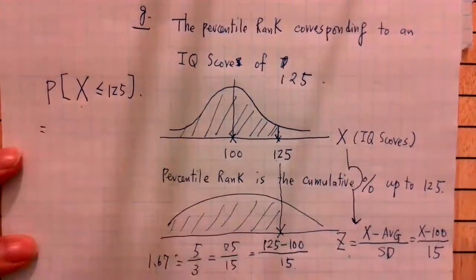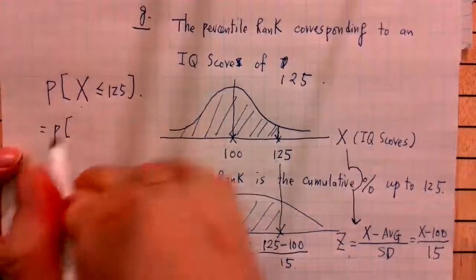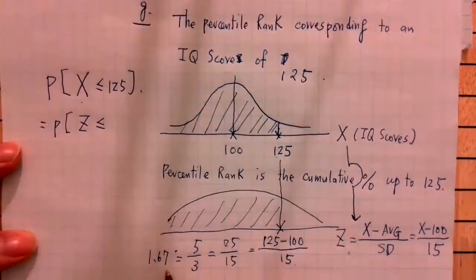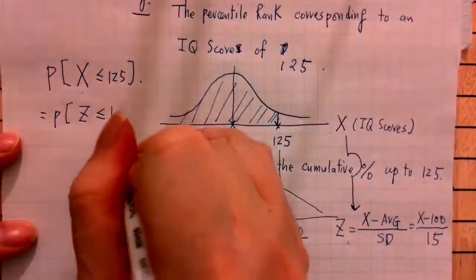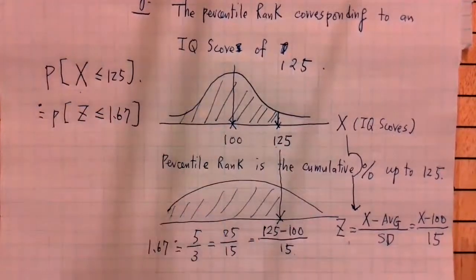After standardizing, this is a z-score. The percentage of observations whose z-score is less than or equal to roughly 1.67. So we get a second chance to use the standard normal table.